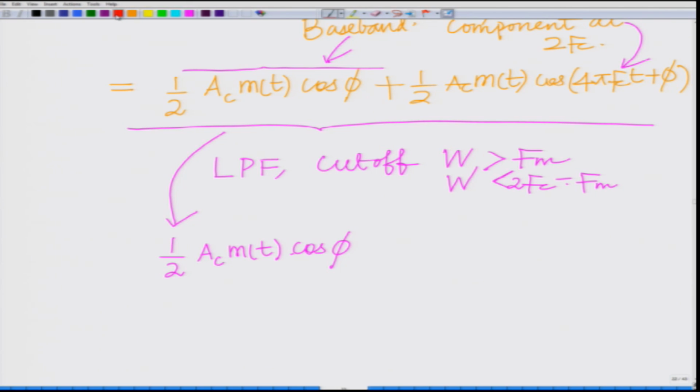Now what you see is that you have this additional factor of cosine phi, which was previously absent in the case of coherent demodulation.